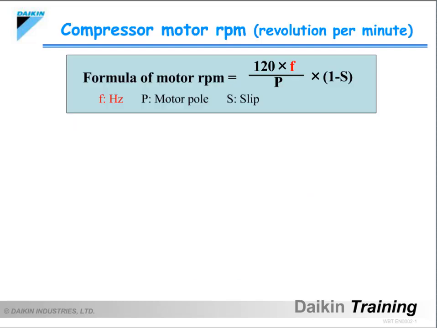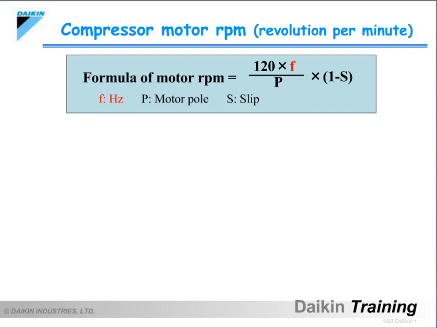Let's use the formula for calculating compressor motor revolutions, RPM, to understand the relationship between the compressor speed and the frequency. The compressor RPM can be obtained by the formula 120 multiplied by F over P multiplied by 1 minus S. F refers to the frequency, P the number of poles, and S the slip.